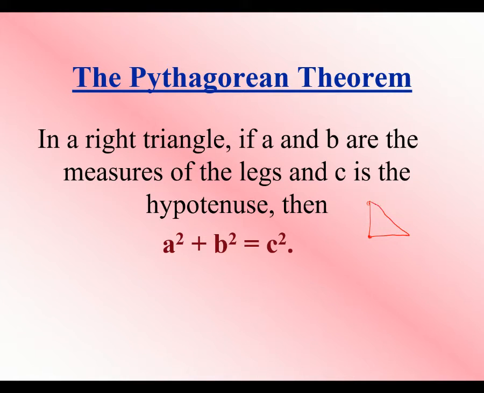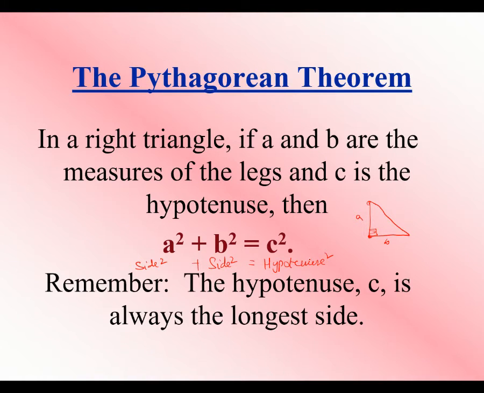We call these two legs, a and b. So you may rewrite this as side square plus side square equals hypotenuse square. Remember, the hypotenuse c is always the longest of all three sides.